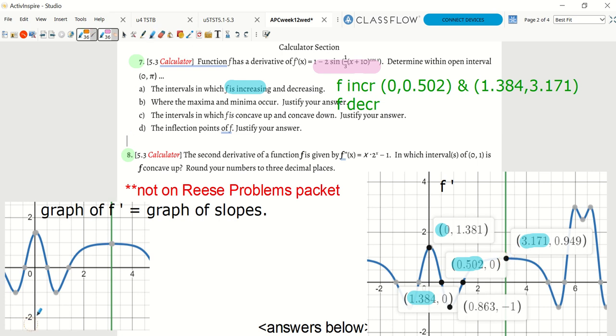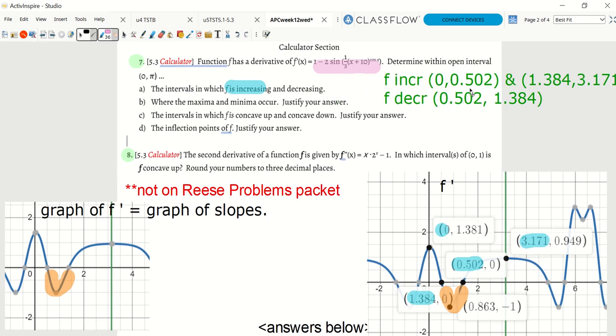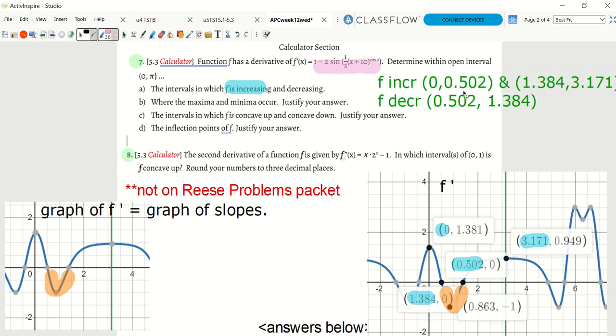F is going to be decreasing here because that's when the graph of slopes is negative. So it's going to be in between 0.502 and 1.384, okay? And that's where it's decreasing, and that's A.